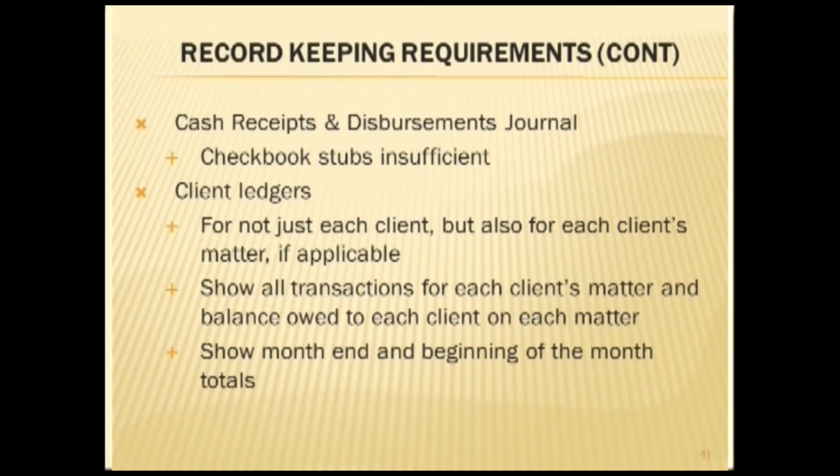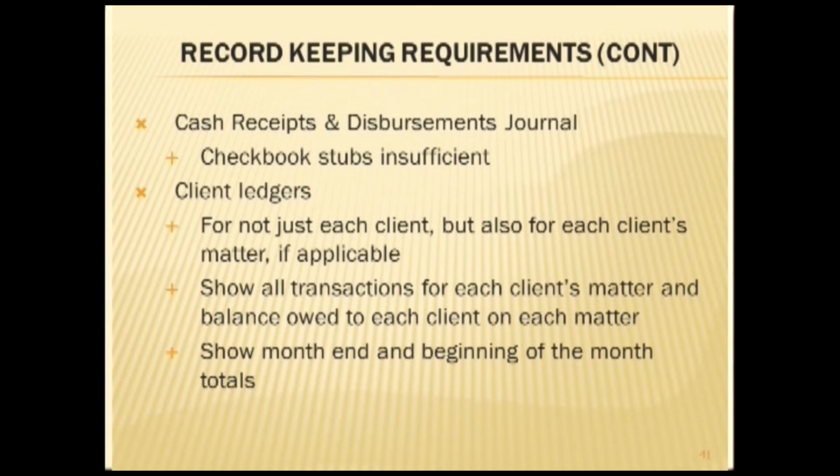The client ledgers and the Cash Receipts and Disbursements Journal should show the beginning balance for the month and the ending balance of the month. The Cash Receipts and Disbursements Journal shows you the chronological history of the transactions within the entire trust account, whereas the ledgers show you the chronological activity of that matter for trust account transactions concerning that matter.